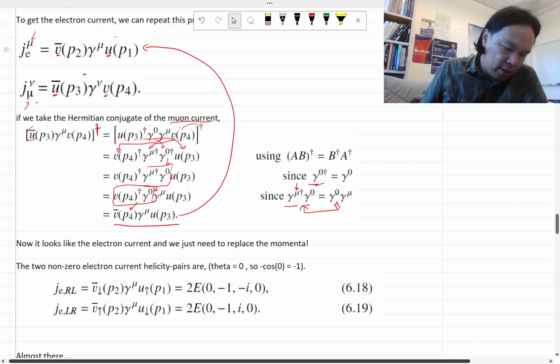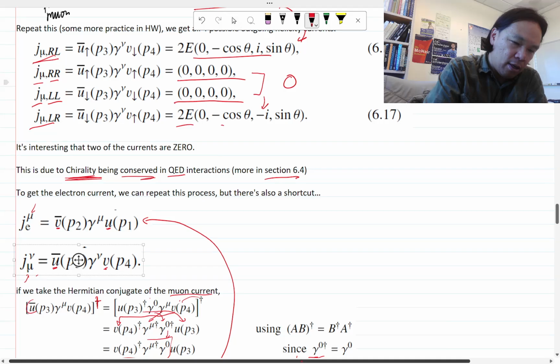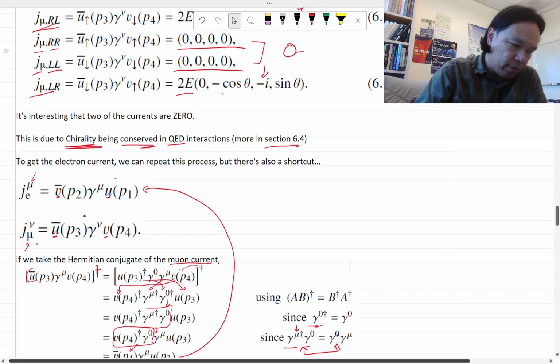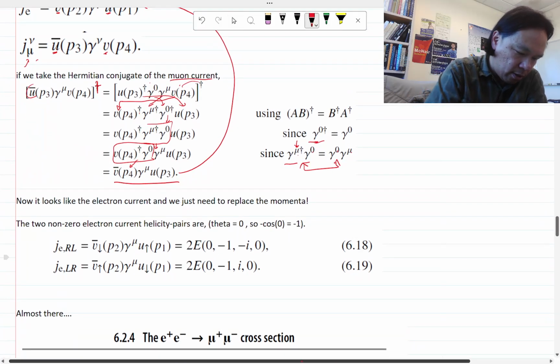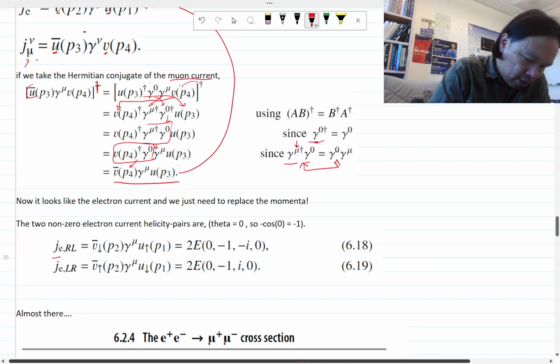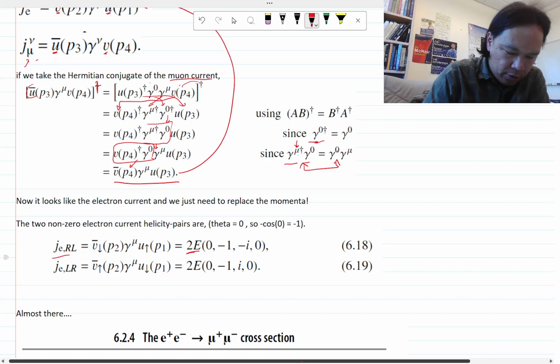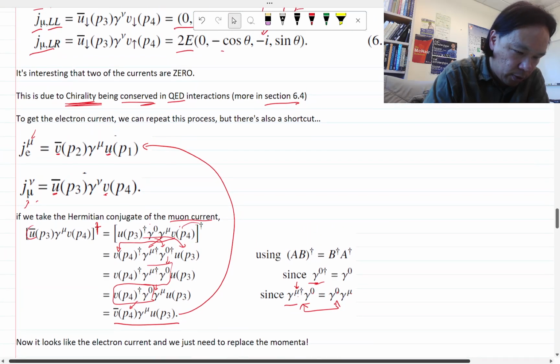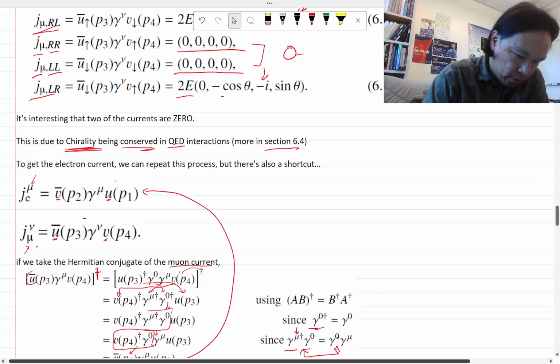Similarly, the way we found that two of them are going to be 0, the RR and LL, for the electron it's going to be the same, where the RR and LL version of it will also be 0. But then the current is going to be 2 times the energy of the incoming particles, 0, negative 1, i. That's because you don't have the sine cosine situation anymore. Where is it?